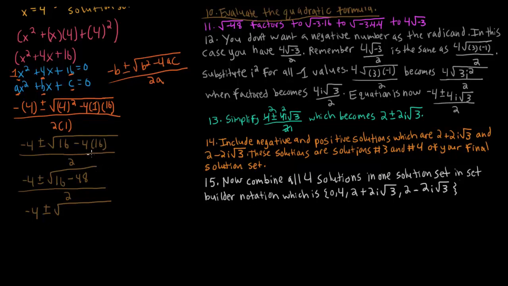Actually, negative 4 times 16 isn't 48. 16 times negative 4 is actually 64, so it should be 16 minus 64, and 16 minus 64 is negative 48, and all of that is over 2.